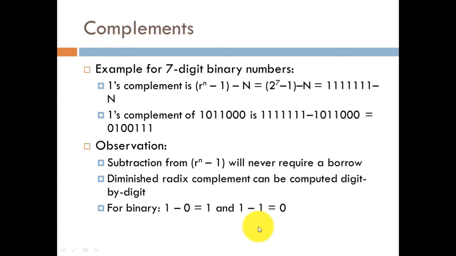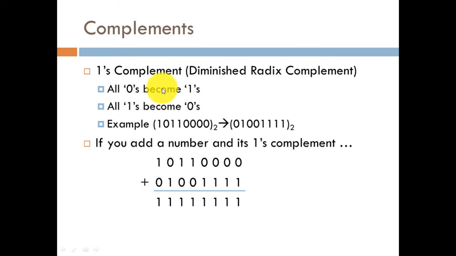So this is a shortcut trick by which you can calculate the 1's complement of any binary number. So 1's complement, diminished radix complement. In order to calculate the 1's complement for any binary number, you only need to invert these bits, or you could say that all zeros will become 1's and all 1's will become 0.